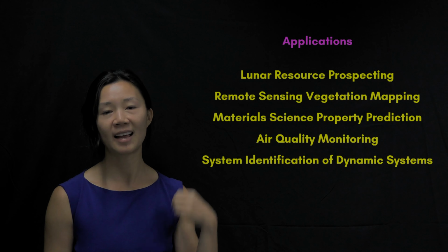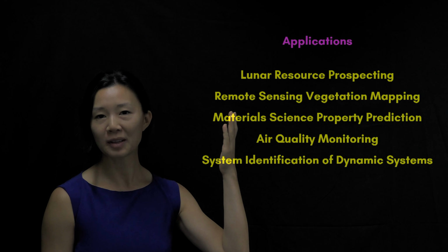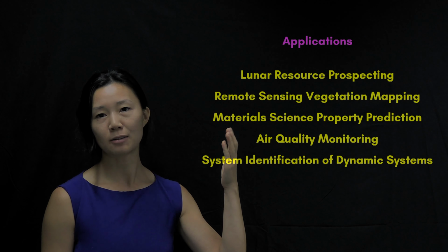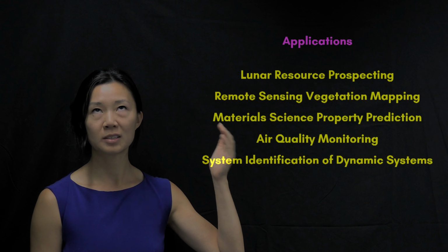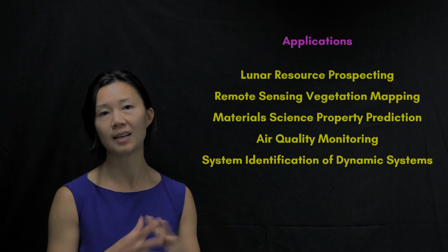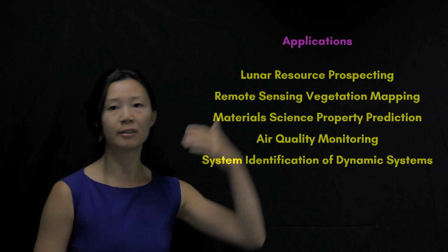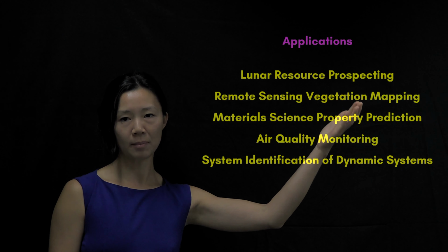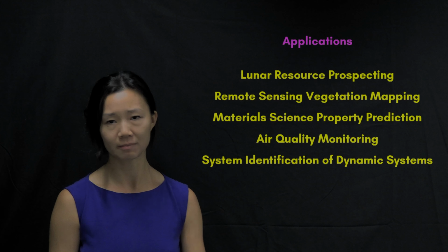So you can see that there are some space applications, some Earth applications, and then down to different length scales. Material science is at the molecular level, whereas air quality is at the meters to kilometers length scale. The different goals include prospecting, mapping, prediction, monitoring, and then characterization.